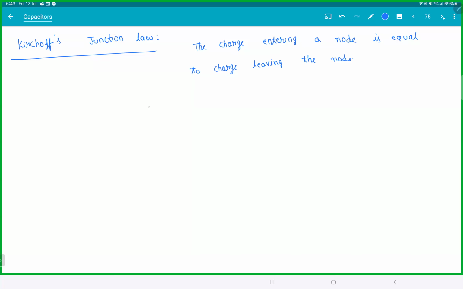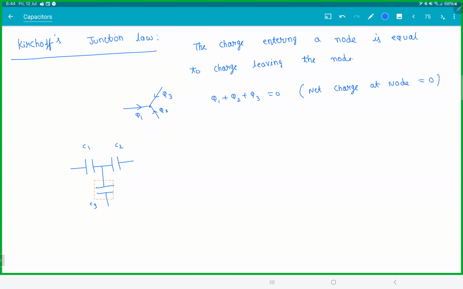So that means if there's a charge Q1 entering here, Q2 entering here, Q3 is also entering here, we can be sure Q1 plus Q2 plus Q3 is 0. The net charge is 0. So what we do in this, if you have multiple capacitors, let's say C1, C2, and C3.